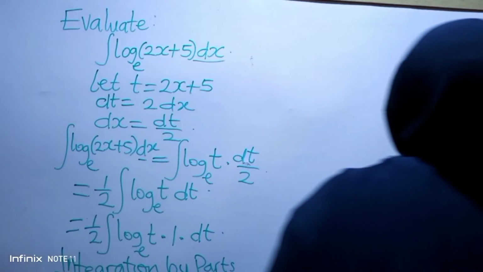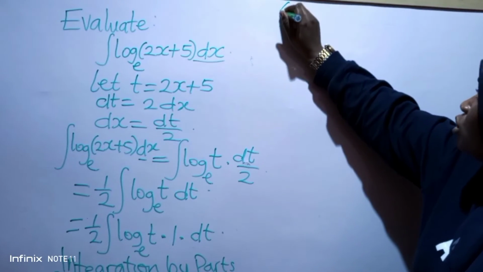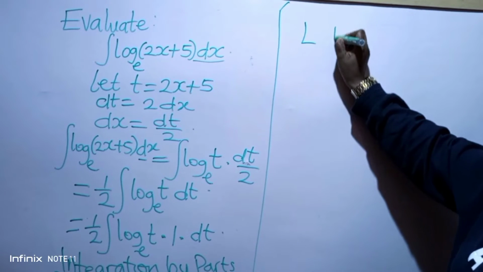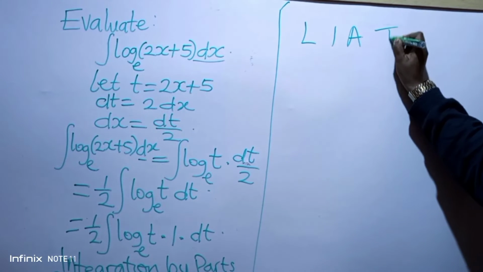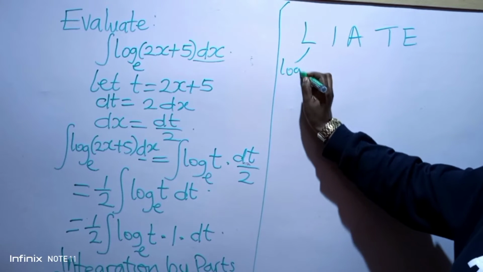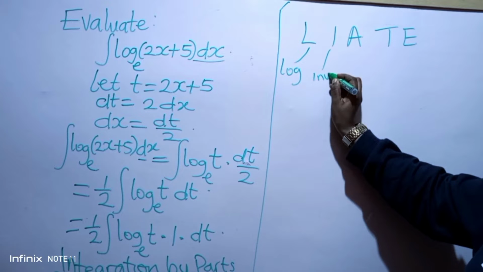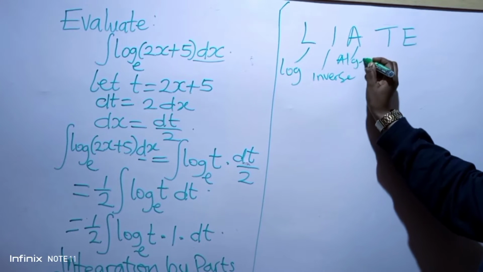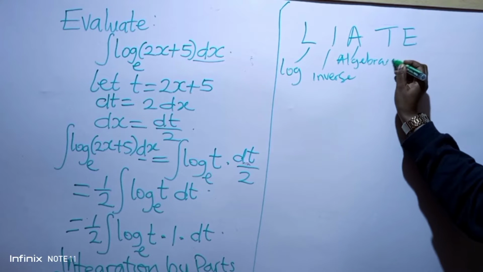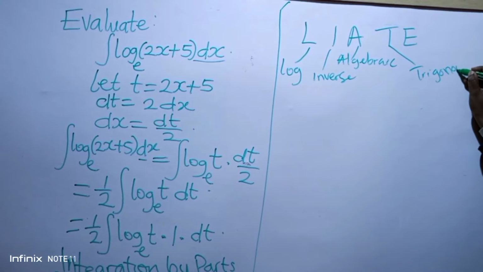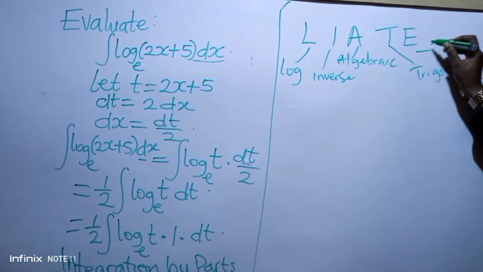You use the acronym LIATE: L is for logarithm, I is for inverse, A for algebraic, T for trigonometry, and E for exponential.